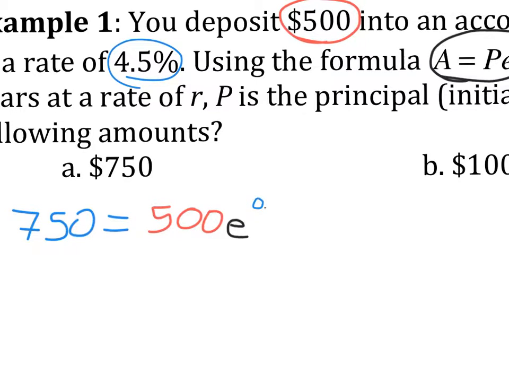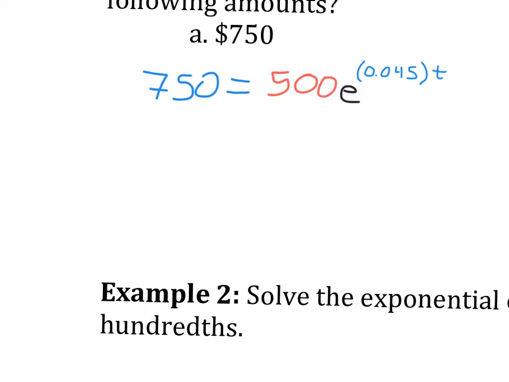All right, so now my rate is this right here, so I'm going to convert that to a decimal. Instead of 4.5%, we're going to write 0.045. And of course, I don't know what my t is because that's the question. When will I have $750? So, e looks funny to you, but it's less complicated than you think.